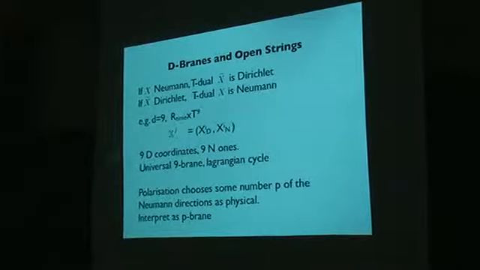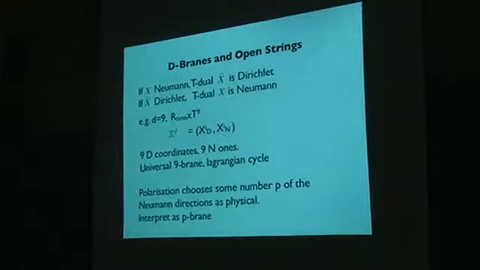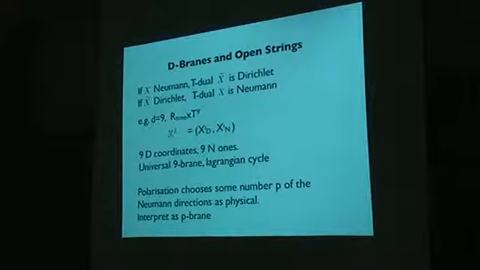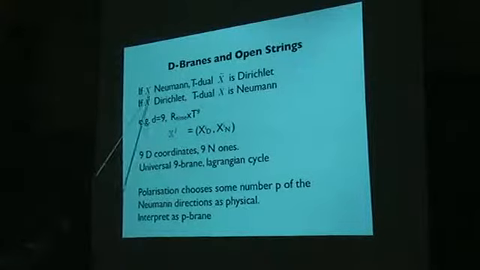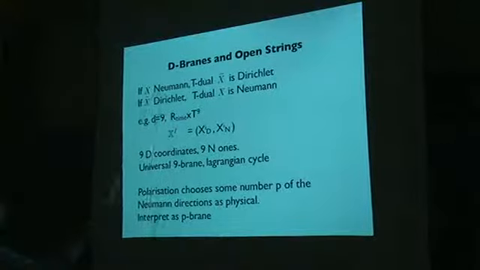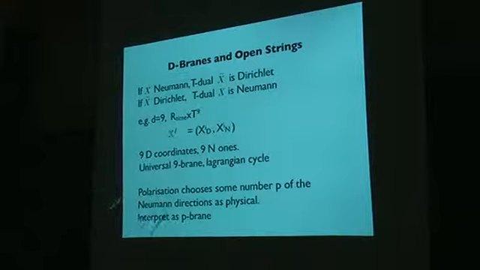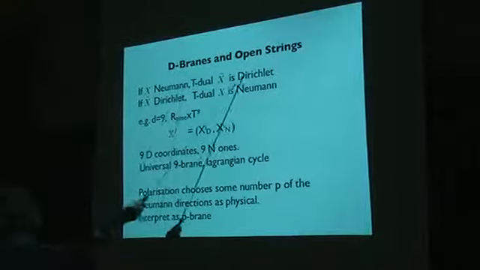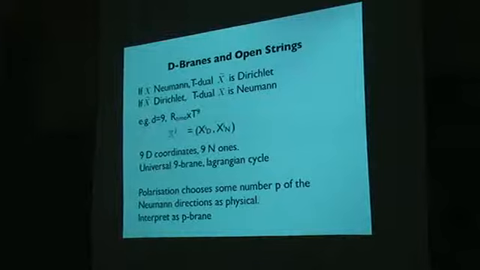But I want to say something about open strings and D-branes in this context. So if a coordinate x is Neumann, the T-dual coordinate x tilde will be Dirichlet. In other words, if x satisfies Neumann boundary conditions, T-duality changes Neumann boundary conditions to Dirichlet boundary conditions. So x tilde would satisfy Dirichlet boundary conditions. And vice versa, if x tilde was Dirichlet, x would be Neumann.